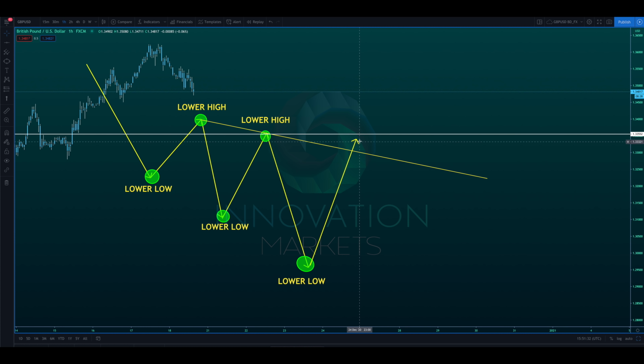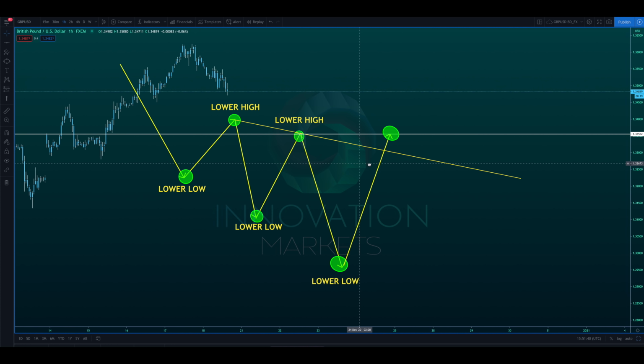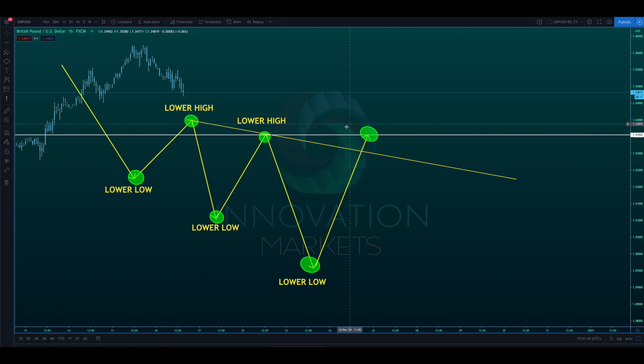Now what happens if we come back up to the same level as the last lower high? When we come back up to the last lower high, as long as price does not break and close above the previous lower high, you can have wicks to the upside, but a candlestick closing above the prior high invalidates this downtrend.